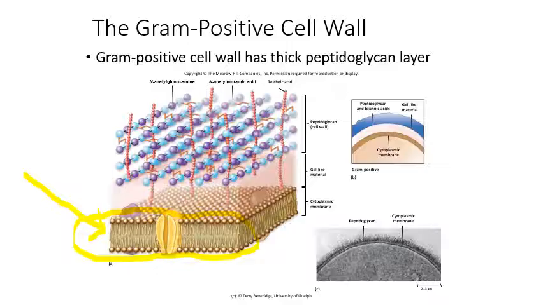Now outside of that is the cell wall. The cell wall is something that bacteria have on the outside of their cells, and this is made of peptidoglycan. As you can see in this gram-positive cell wall, we have a very, very thick layer of peptidoglycan outside of the cell membrane. And that's what makes this a gram-positive cell, this very thick layer of peptidoglycan.